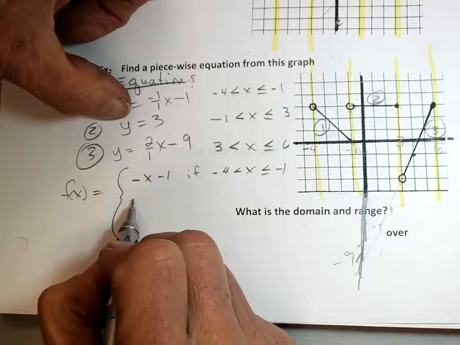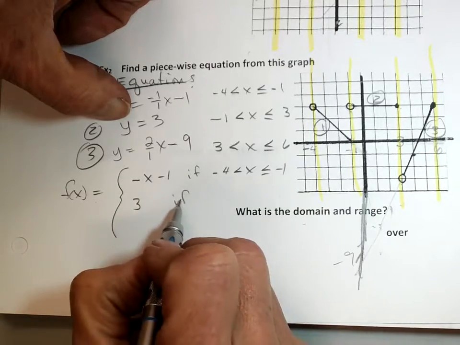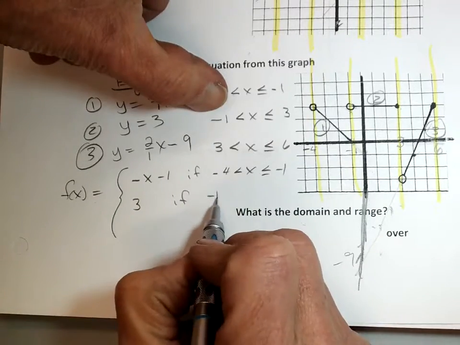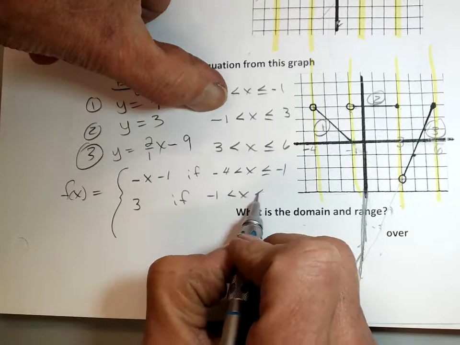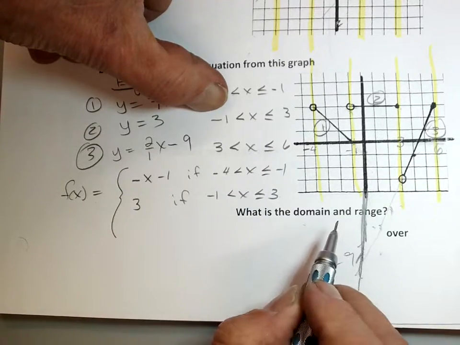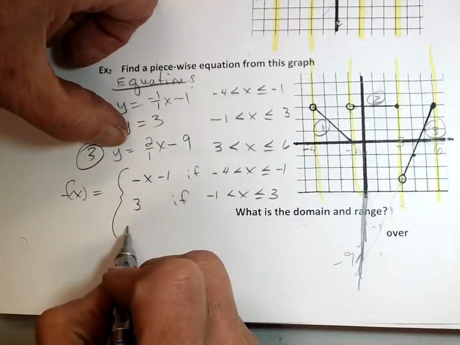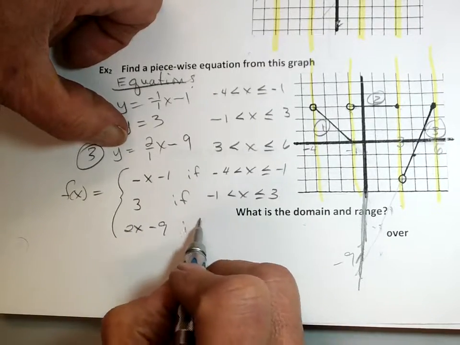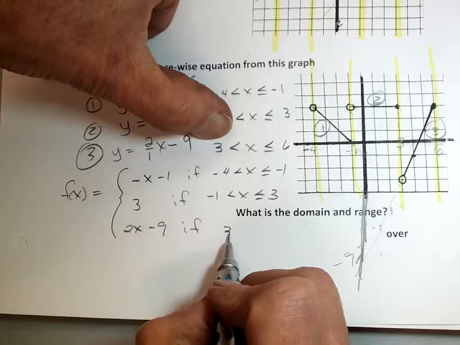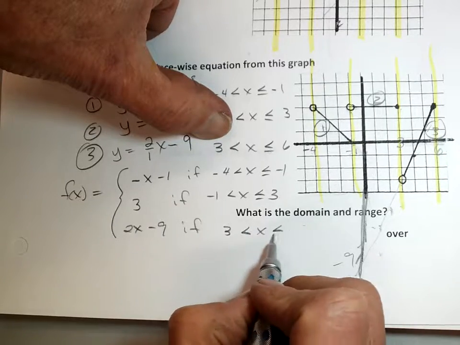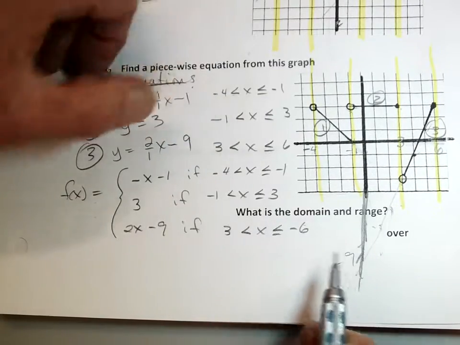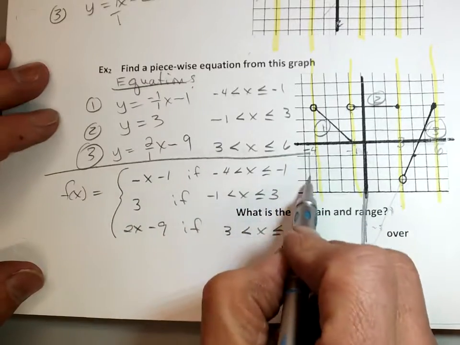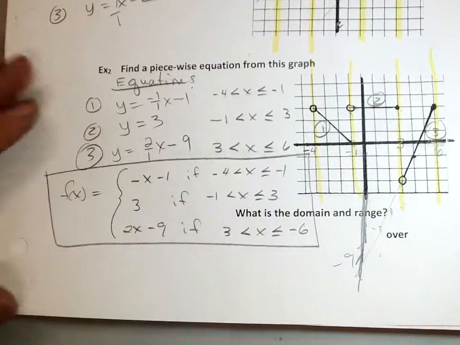Y equals 3 if it's between -1 and 3. Y equals 2 over 1x minus 9, and that's if it's between 3 and 6. That is my answer.